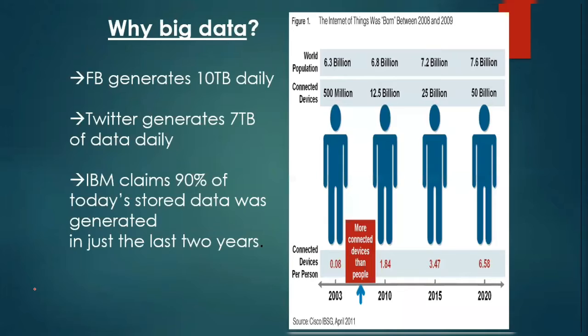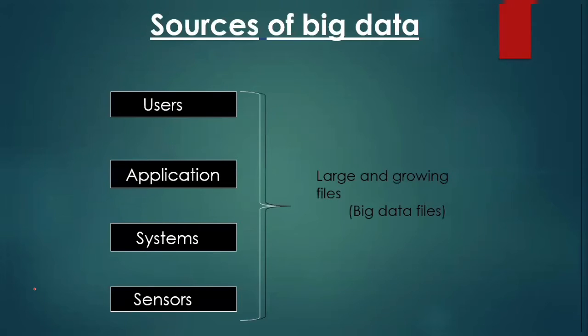Facebook generates 10 terabytes daily. Twitter generates 7 terabytes of data daily. IBM claims 90% of today's stored data was generated in just the last 2 years. The sources of big data include users, applications, systems, sensors.